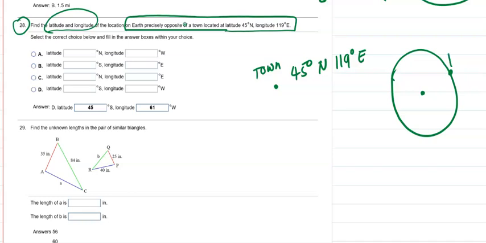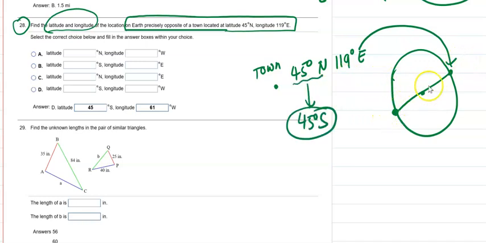Let's say this is the town, and if you go directly to the other side, what's the coordinate of the town which is precisely opposite of this town? Remember that if you draw a straight line through the center of the earth, one town and the other town precisely opposite are on the same straight line. That's what opposite means.